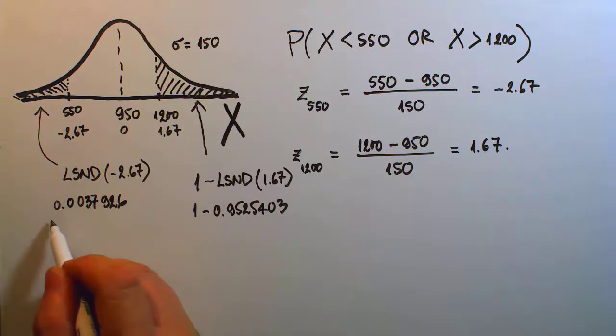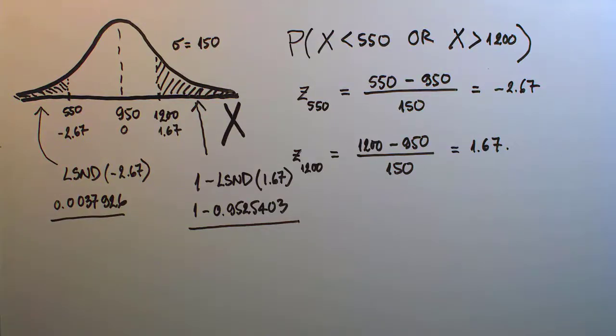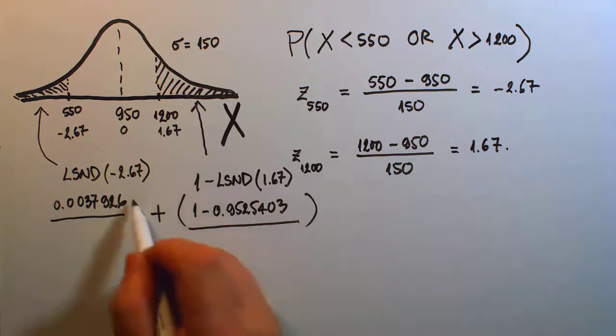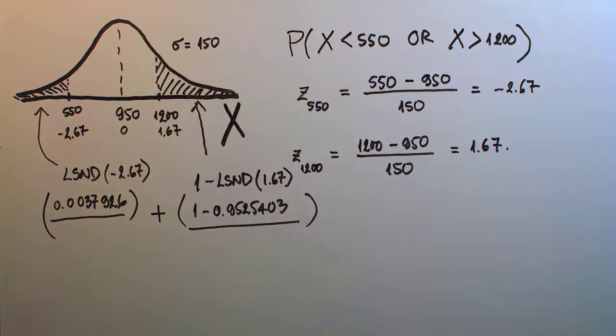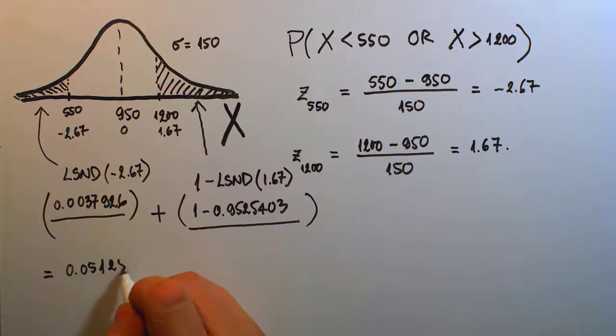So each of these is one individual piece, and as I said, we have to find all individual pieces and total them up. So the next step now is to add these two results together. So final calculation comes out to be 0.051253, and usually these final answers are rounded to 4 decimal places.